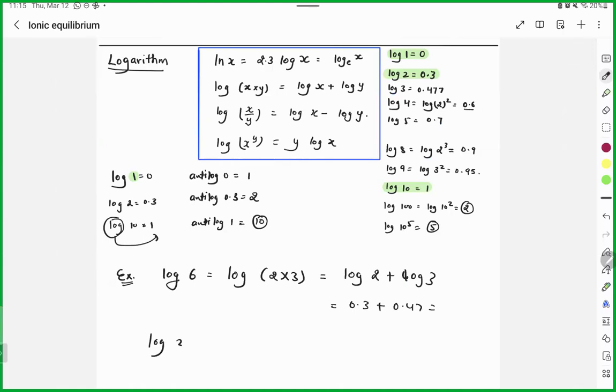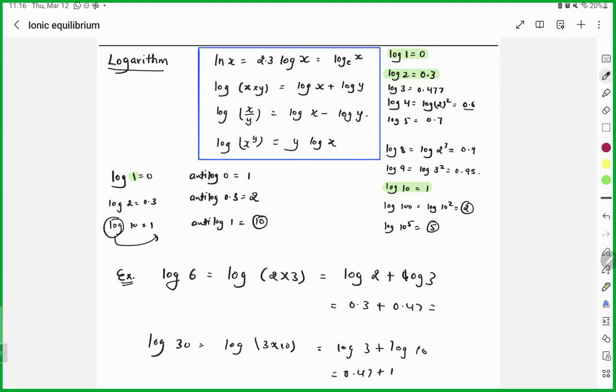Like log 30 value, you can write log 3 into 10, so log 3 plus log 10. Log 10 value is equal to 1, log 3 is 0.47. Done. Why did we do all this? Because we will do pH scale, and in pH scale we need all this.